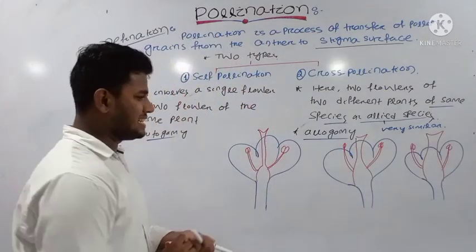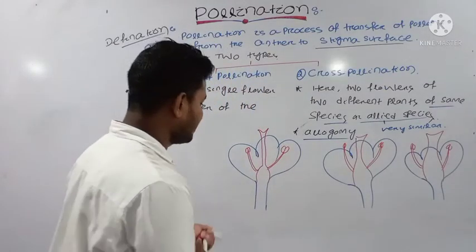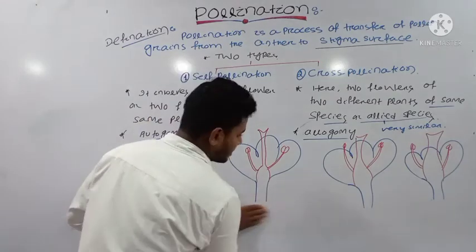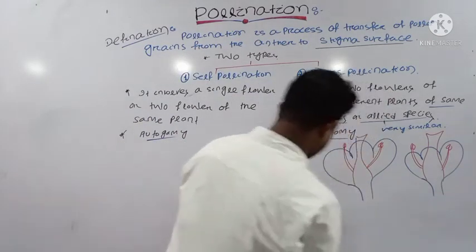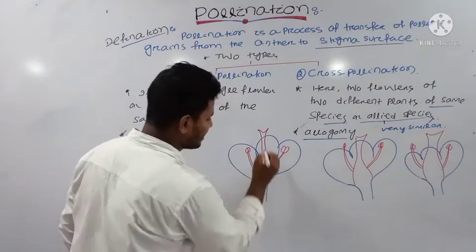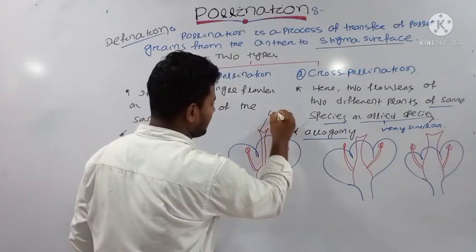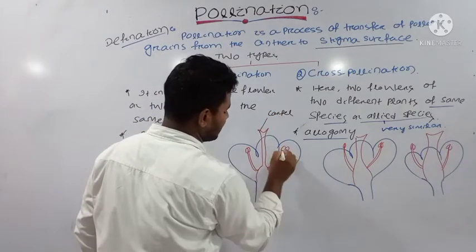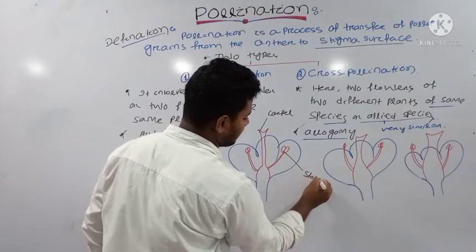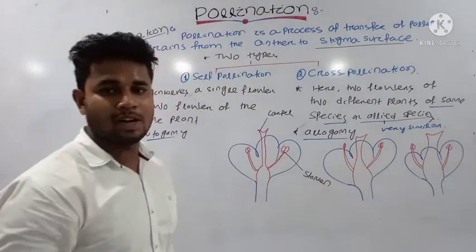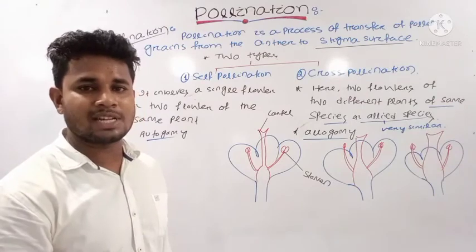Here, you can see these are three diagrams I have drawn. This is the structure of your flower. Okay, and you know that this is the structure of your carpel, and this is the structure of your stamen, and the male gametophyte pollen grain that are formed inside your stamen.